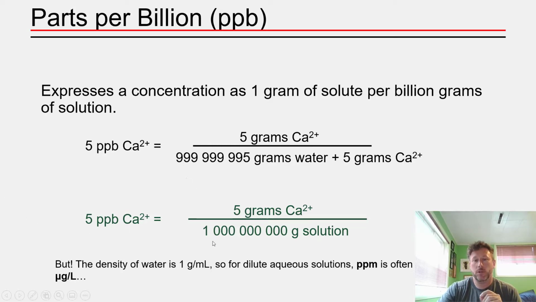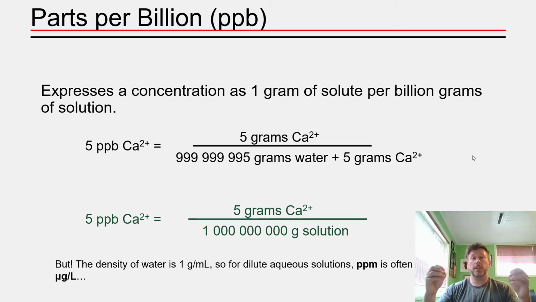So 1 followed by 9 zeros, billion grams of solution. Or put another way, 5 grams of calcium for every 999,995 grams of water plus 5 grams of calcium. That's the total solution.